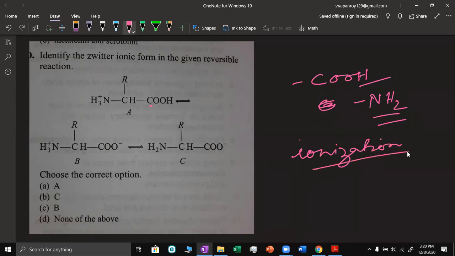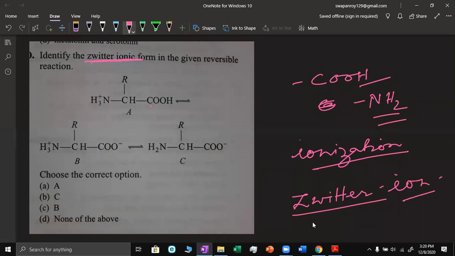All right, means they can be ionized. And there is one character, identify the zwitterionic form. Zwitterion. The pronunciation is a little bit different, zwitterion.